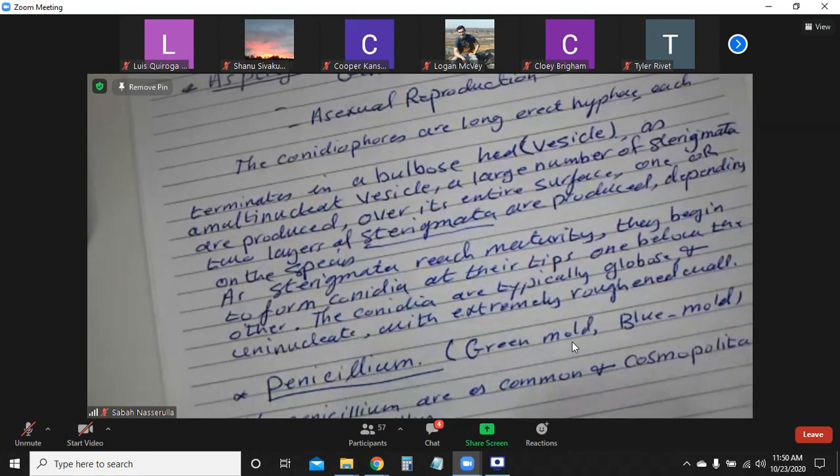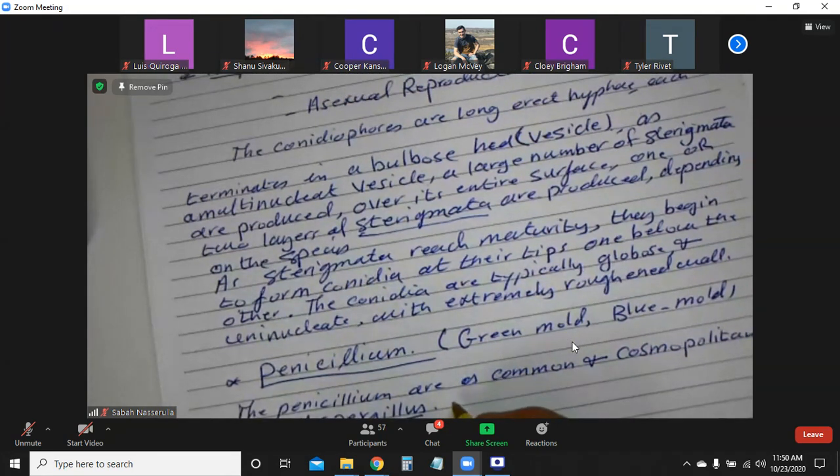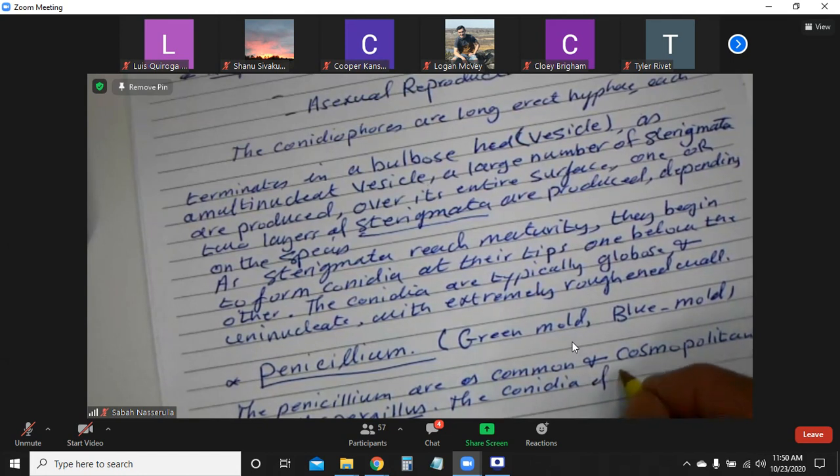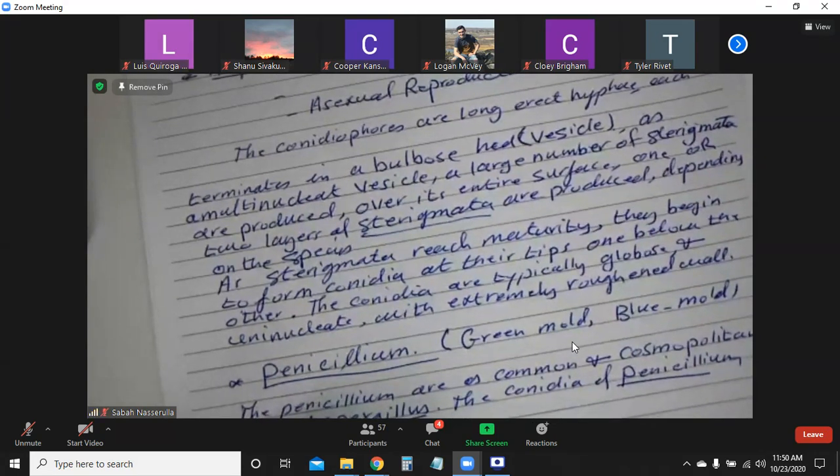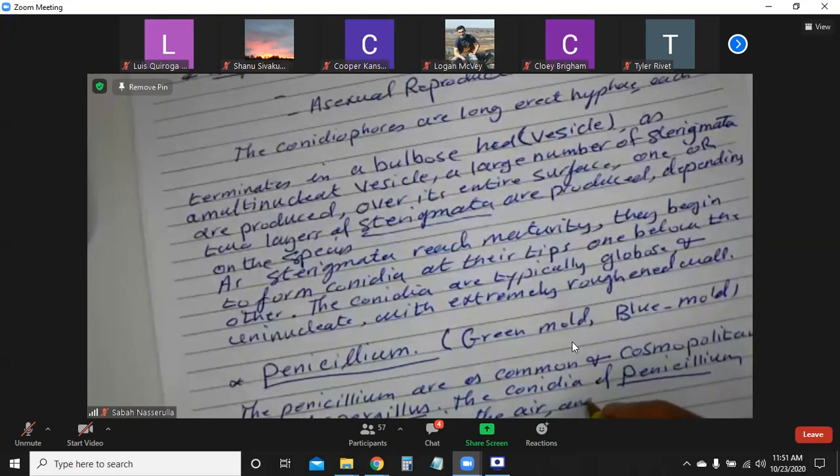And also the same thing I want to mention, basically, that the conidia, or sometimes called spores, the conidia of Penicillium, also like those of Aspergillus, are everywhere in the air, and also in the soil.